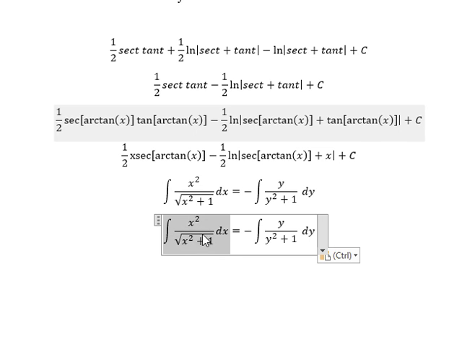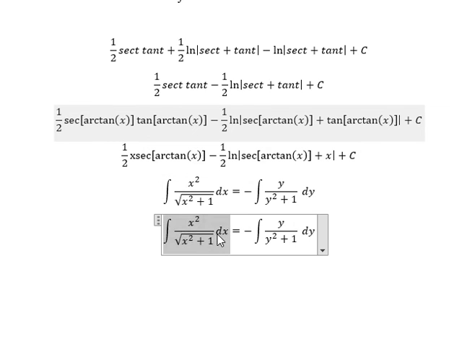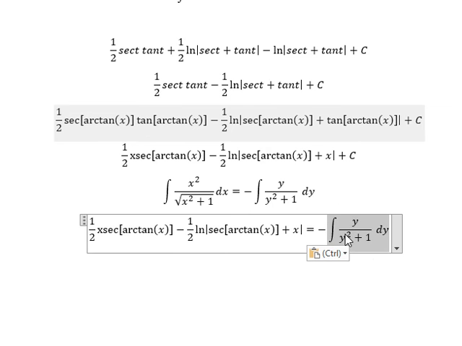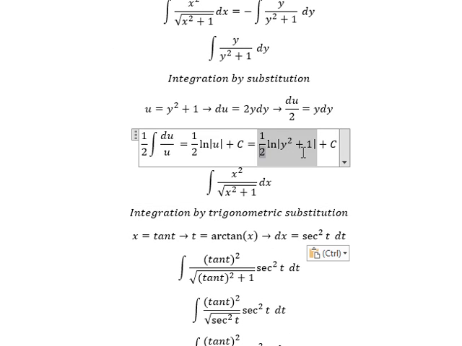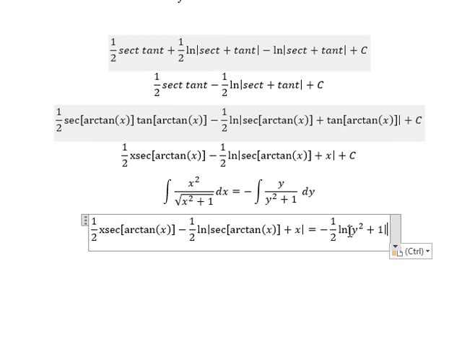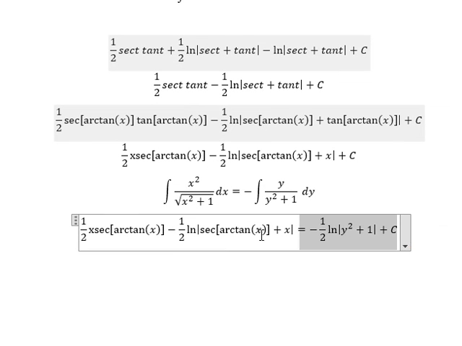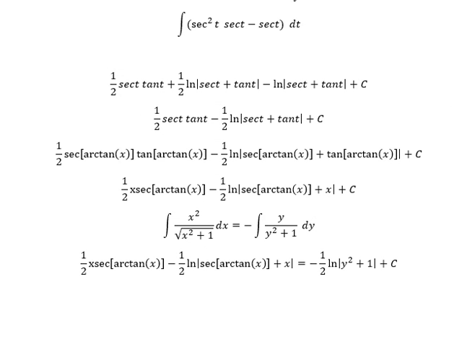The integration of this one, that is about this one. The integration of this one, that is about this one. And this is the final answer. This is the end. Thank you for watching.